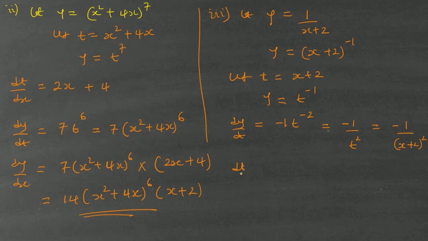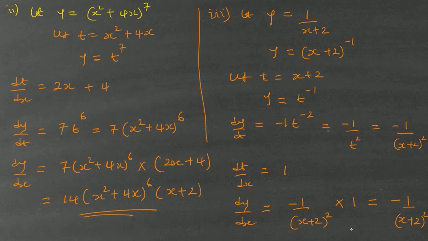Now dt/dx, from here, will be 1. So our dy/dx will be equal to dy/dt, which is -1 over x plus 2 squared, times 1, which remains -1 over x plus 2 squared.